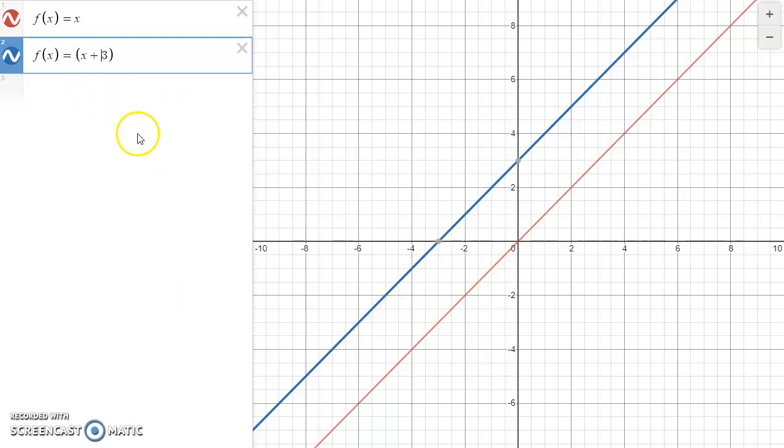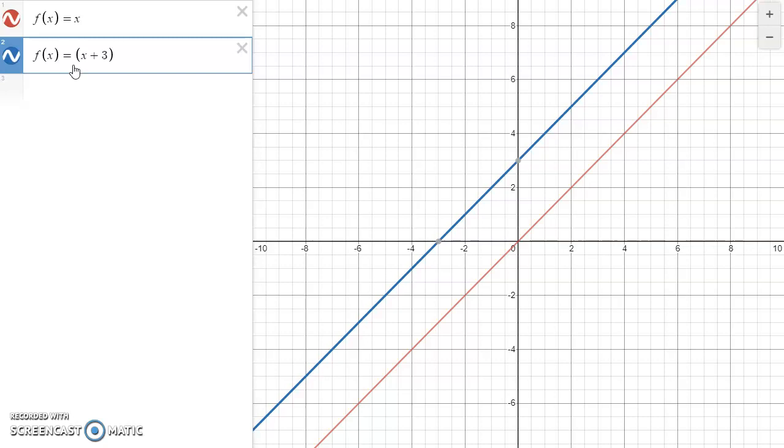So I hope you got that. Let's play with this a little bit. Right now, our a right here, which is in the front, is a 1. We said a while ago that the higher it is, the steeper your line's going to be. I mean to say higher than 1 or bigger than 1. Again, that's the absolute value because it's not affected by the negative sign.